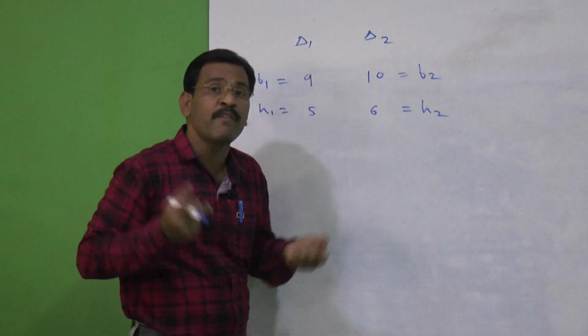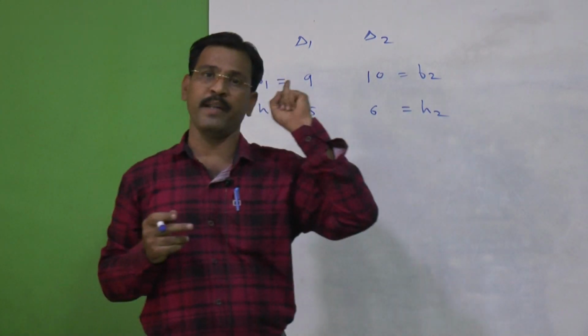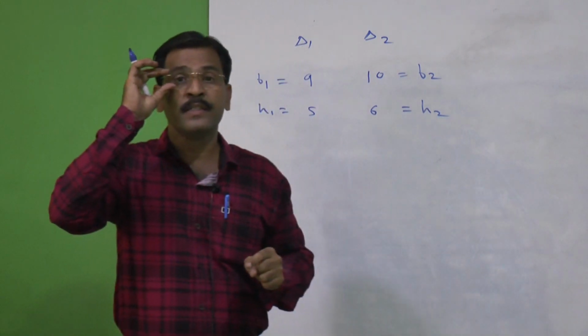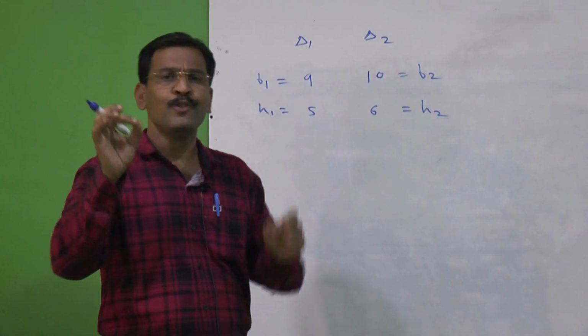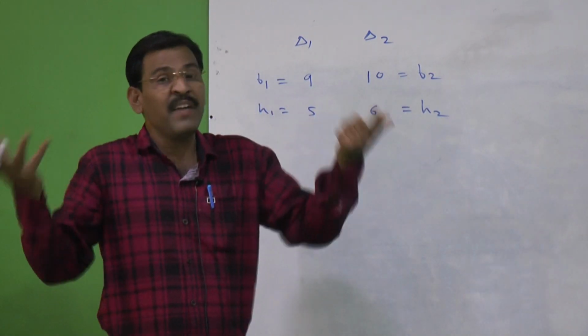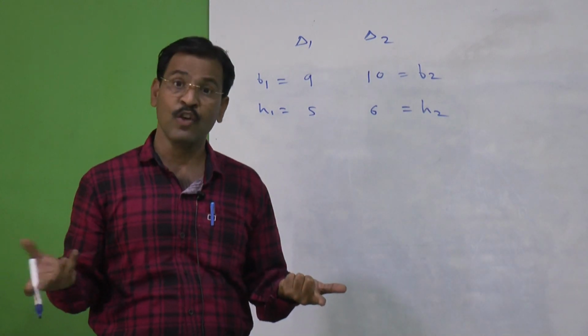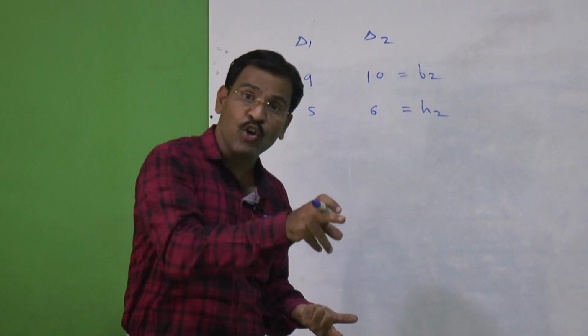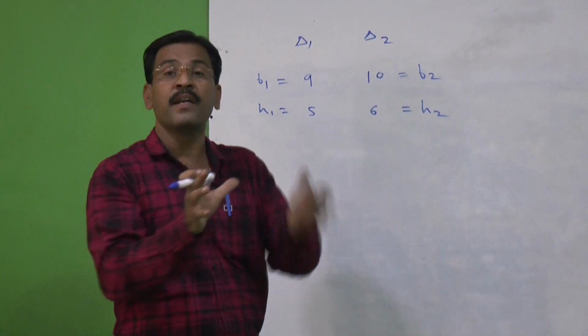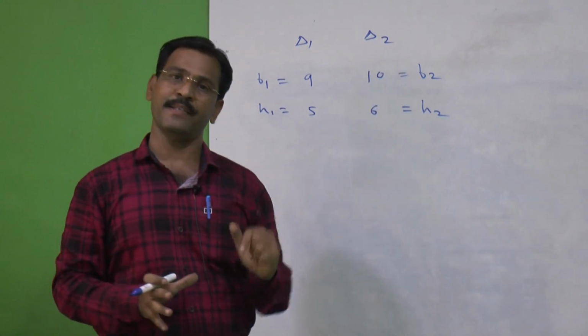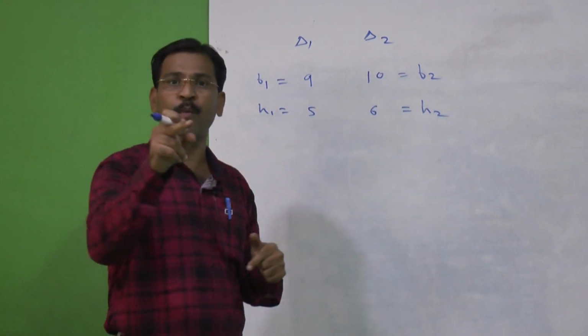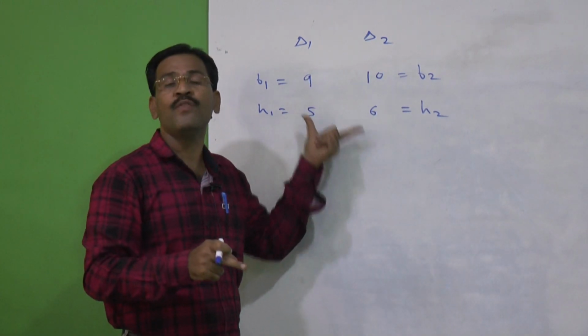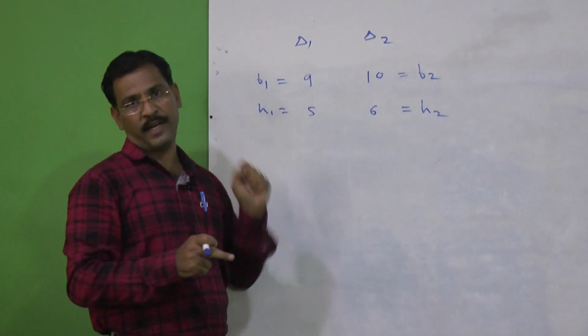That means which property do we have to apply? The first property. What is that first property? The ratio of areas of two triangles having different bases and different heights is equal to the ratio of products of their corresponding bases and heights. Using the first property, we can find the ratio of areas of these two triangles.